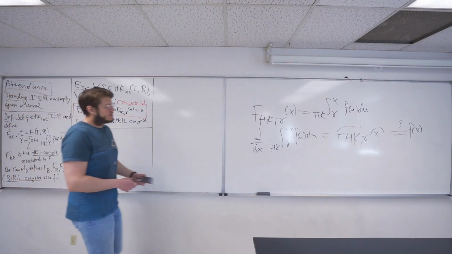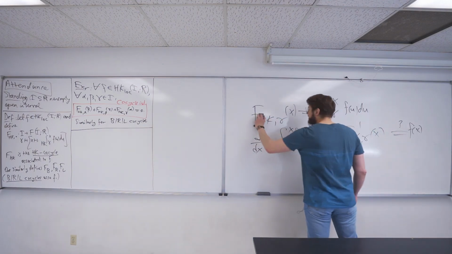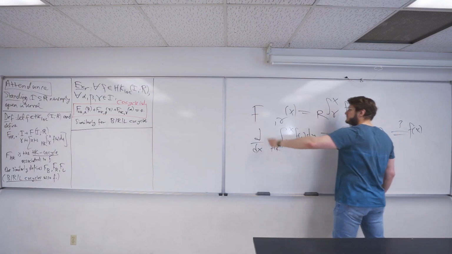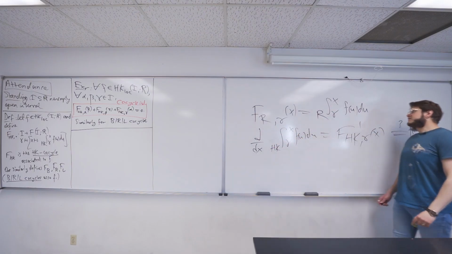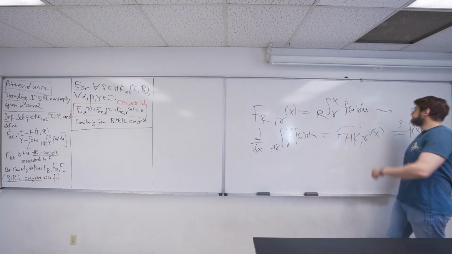Or we'll say if here we put R, so that we're looking at the Riemann integral cocycle of some Riemann integrable function, then we're going to see that this is automatically locally Lipschitz.